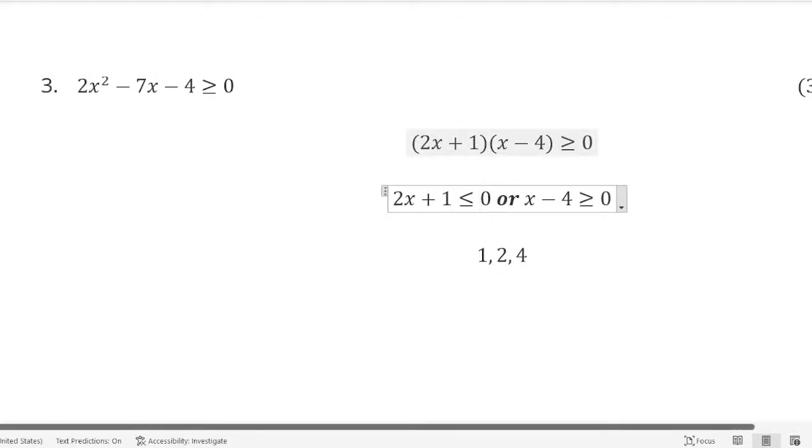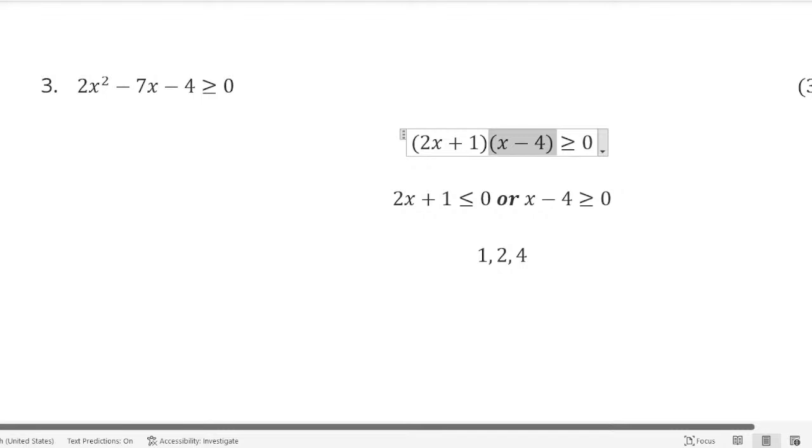Here we have this equation, 2x plus 1 into x minus 4 is greater than 0, right? So which means this is a binomial and also this is a binomial.